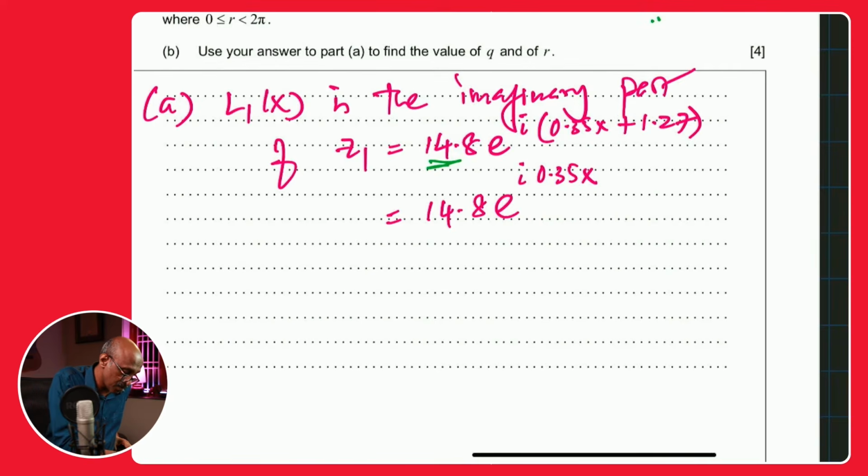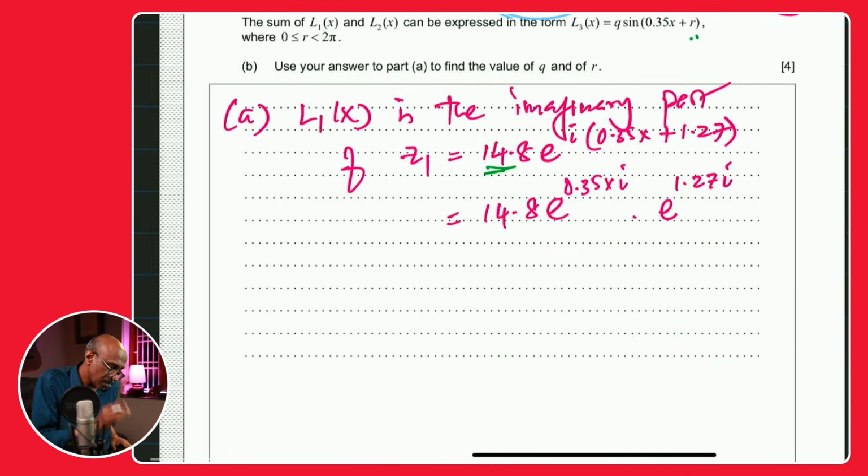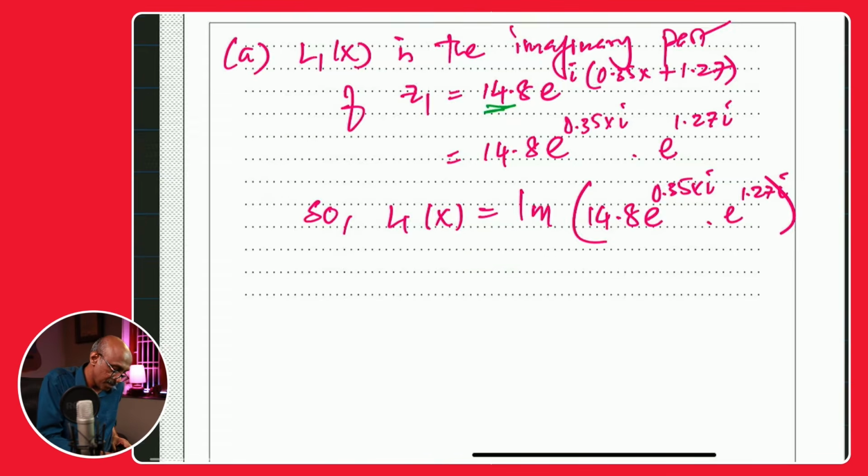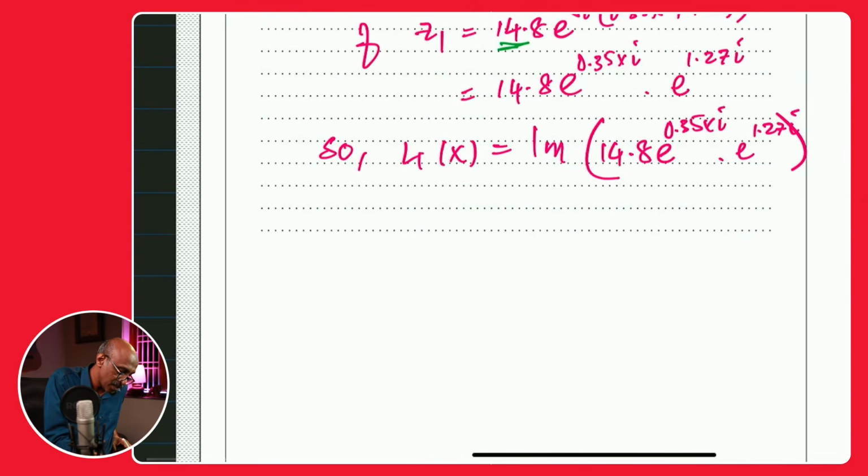Maybe you should write it as 0.35xi, and then times e to the power of 1.27i. L1(x) is the imaginary part of this number. Just copy it down: 14.8 e to the power of 0.35xi times e to the power of 1.27i. Don't forget that i.